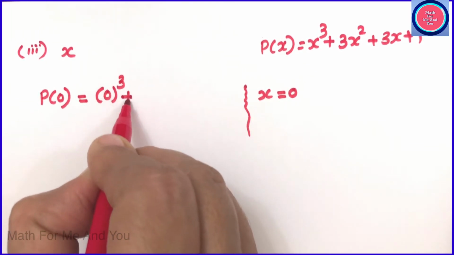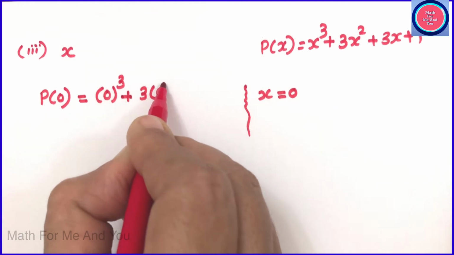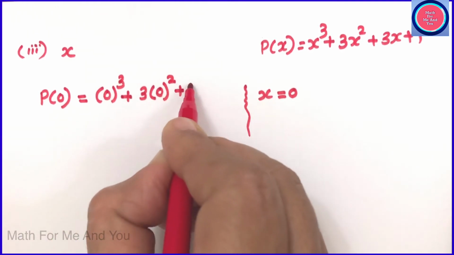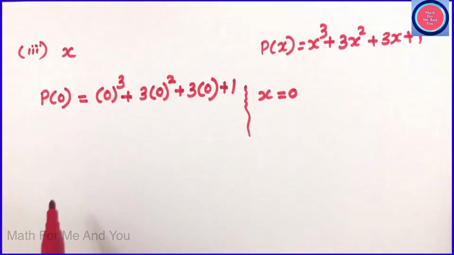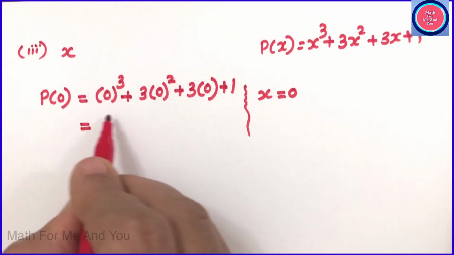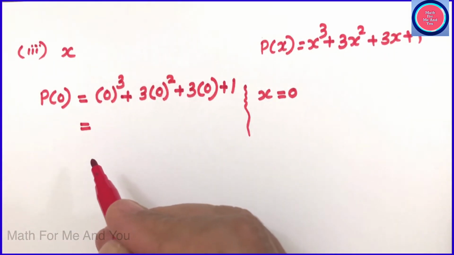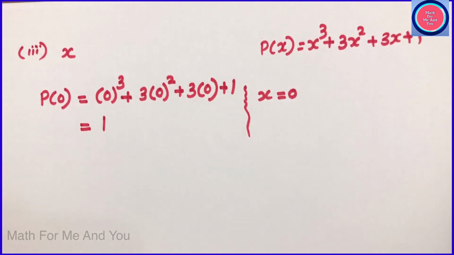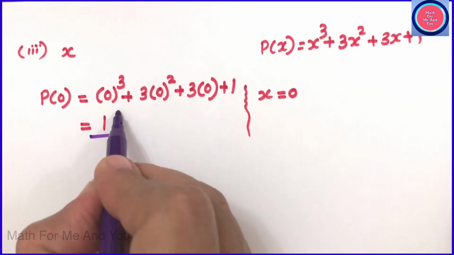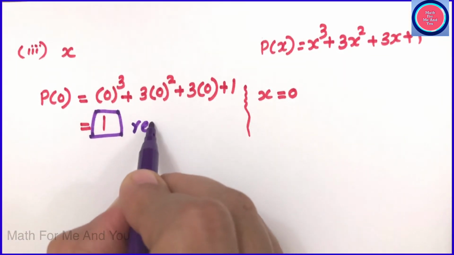The right side 0 power 3 plus 3 times 0 square plus 3 times 0 plus 1. 0 power 3, 3 times 0 square, 3 times 0 all become 0. Only we get the answer 1. p of 0 equals 1. Then what is the remainder? Remainder is 1 because we are getting the answer 1.